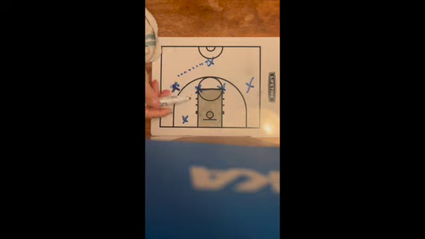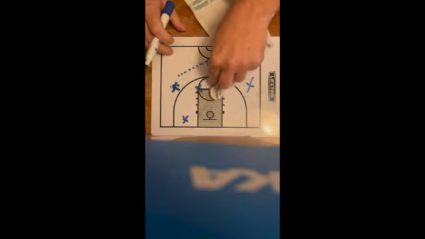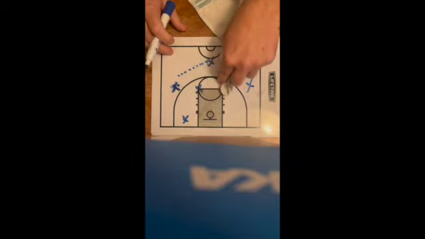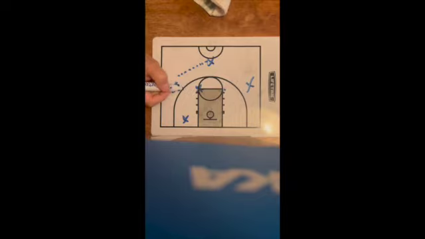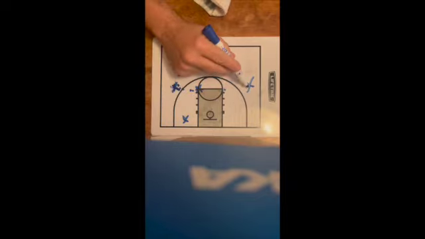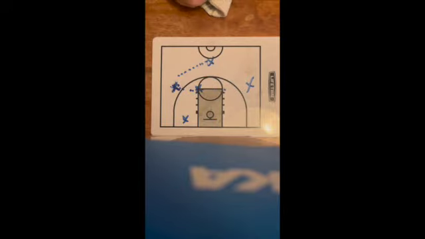Nine times out of 10, if this initial pass isn't open, and you fake a pass in there, and then they pop out to short corner, and you fake a pass here, then this person is going to be wide open. Completely wide open. And if we do that, then this person has a shot, opposite crashes down.